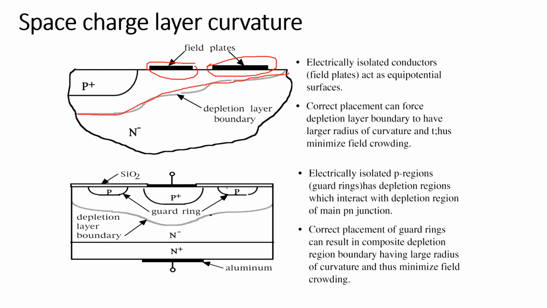These are isolated p-type sections created in the power diode. They are isolated because on the top there is insulation. Because of these p-type materials, the radius of curvature does not go small. If you properly place these p-type materials, then R can be large. So this is one aspect of construction of a power diode.